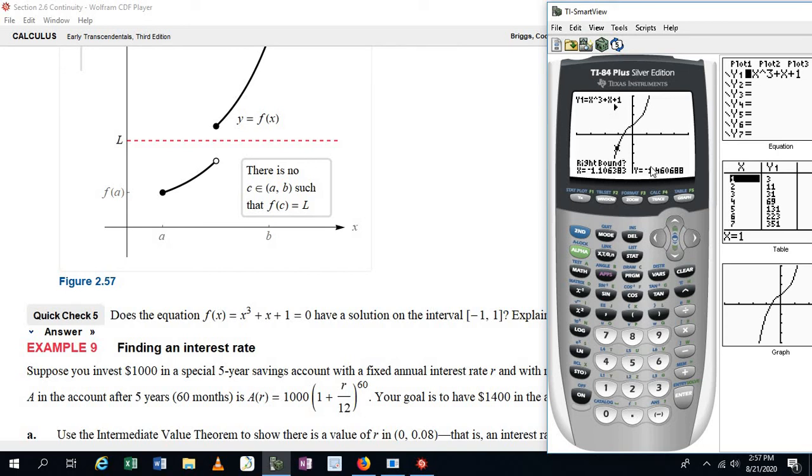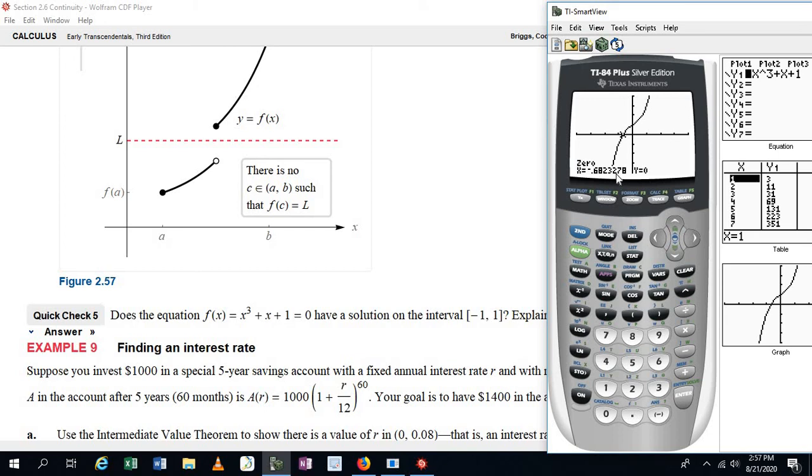Then I scroll over and create a right bound, going past the zero, and press enter. It finds all the zeros between those two arrows. Press enter one more time, and there's the zero.